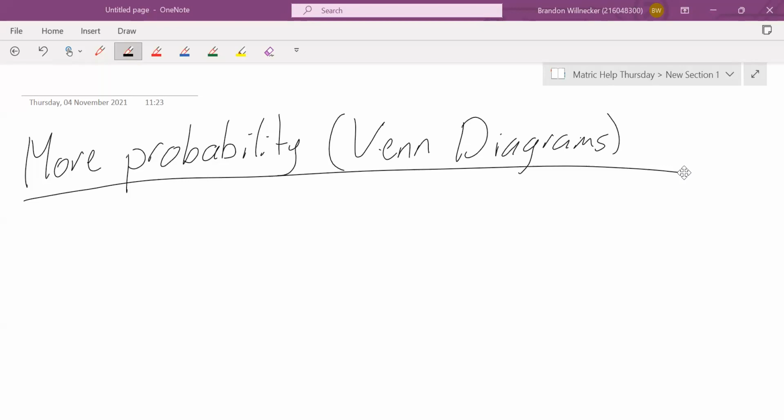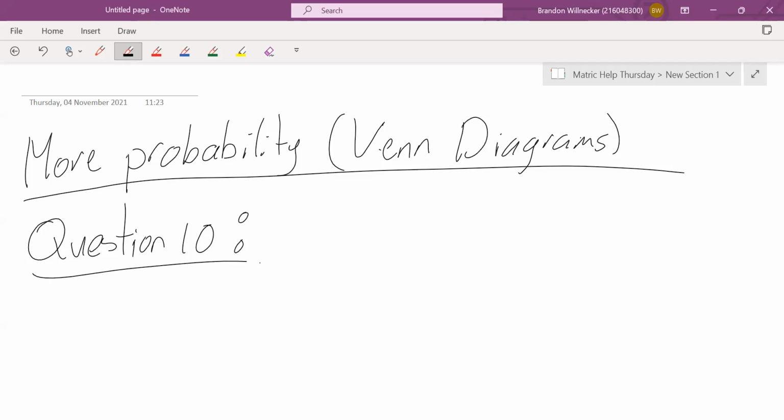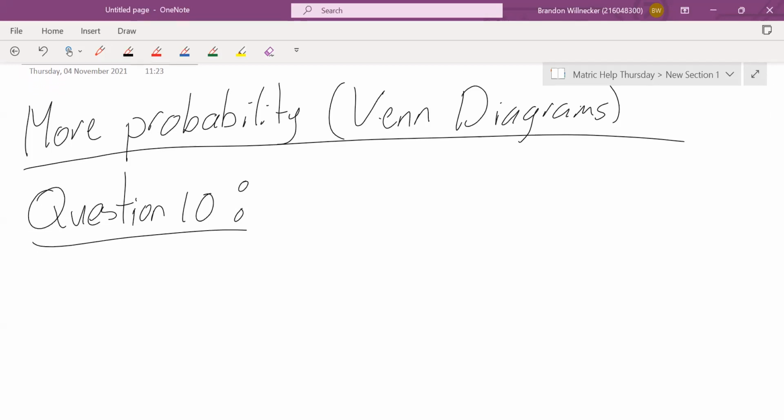Okay, so let's see what we've got. We've got here question 10, and this is from the 2017 paper. I've got the question here.